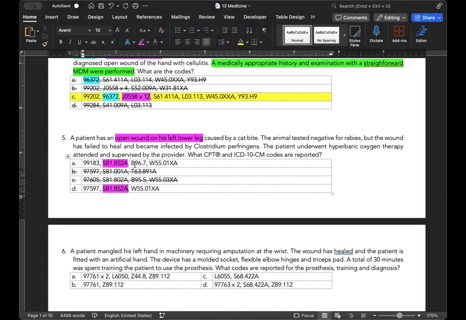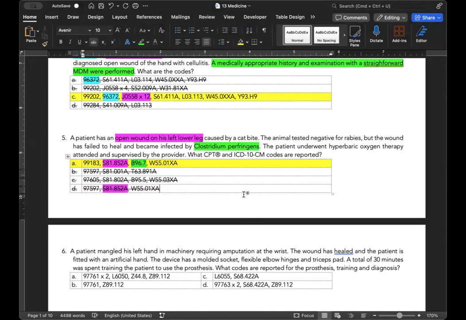Yes, I think we do use it. Yep, because it's that Clostridium perfringens. So we should report that. Okay. So we're going to rule out D, and we know that A is our answer.